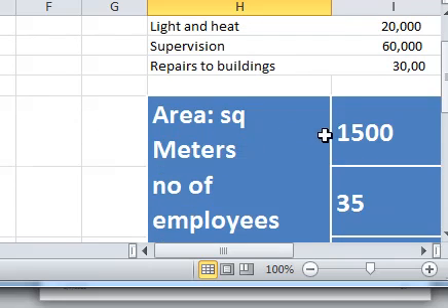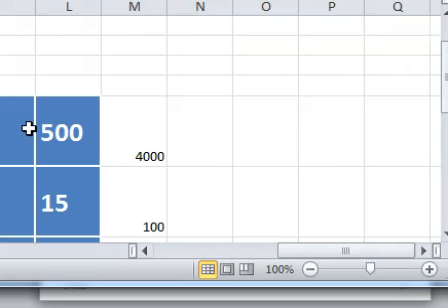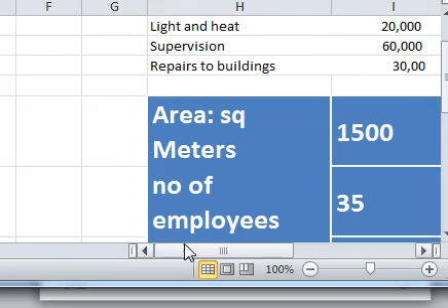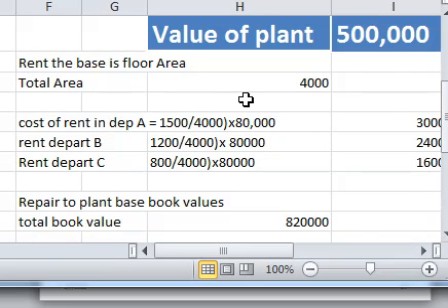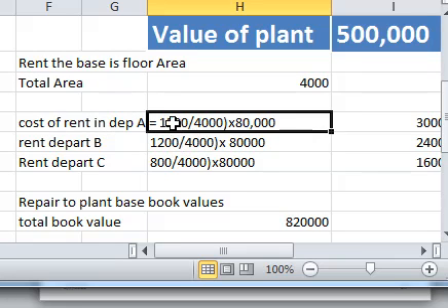So what you do first is to get the total area. So you are going to add the total area for this, which gives us 4,000. That will be our total area. And then once you get the total area, to get the cost of rent in Department A, we are going to get the area Department A occupies divided by the total area, then multiply by the rent expense.